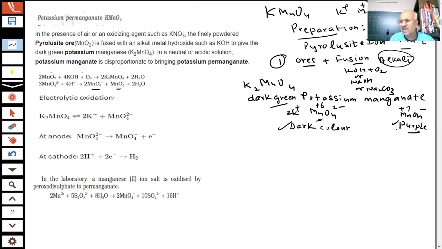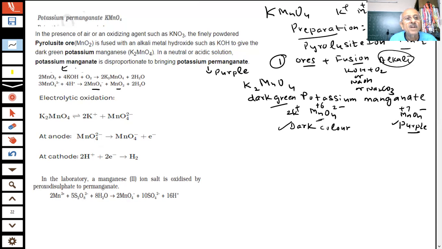KMnO4 you have seen in the chemistry lab, potassium permanganate. To remember it, permanganate is purple in color. And manganate is dark green.